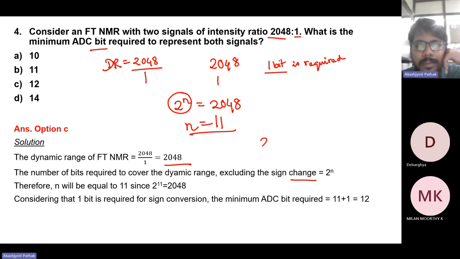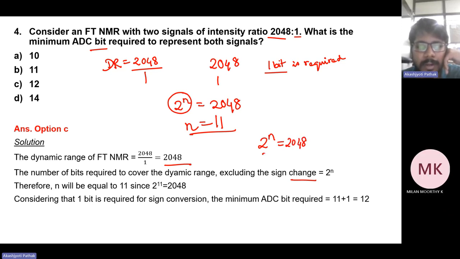Since 2 to the power n is equal to 2048, n must be 11. Now adding another bit, the minimum number of bits that will be required will be 12. So the answer will be 12. This will be the minimum number of bits that would be required.